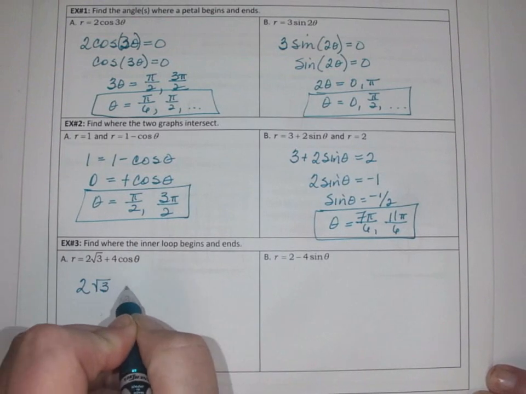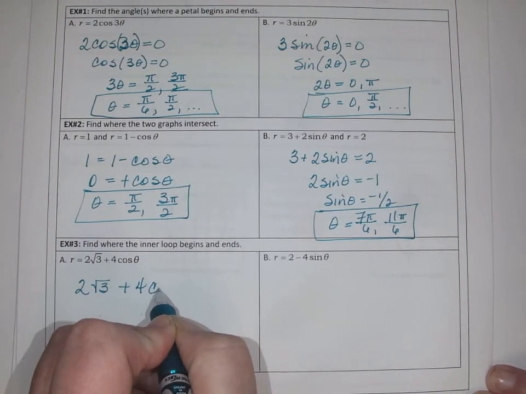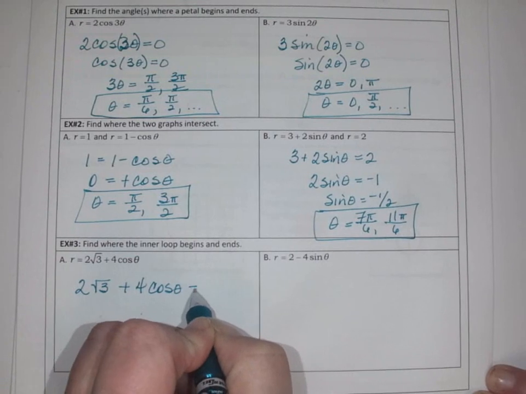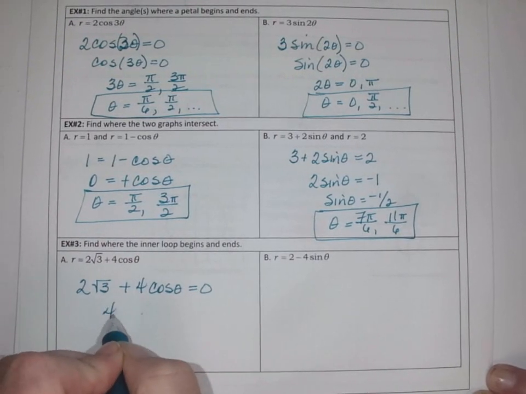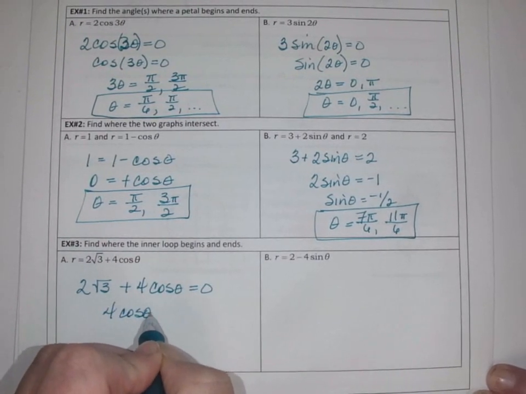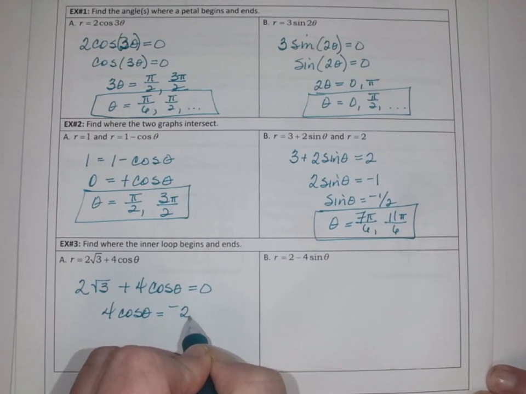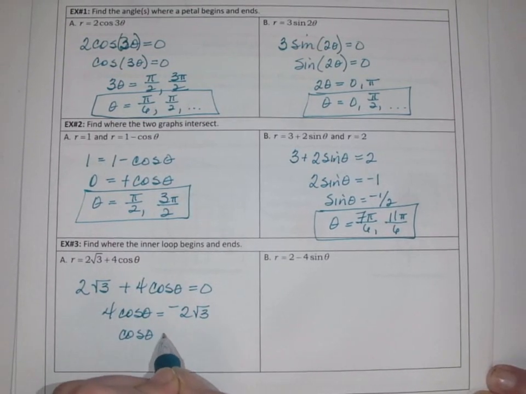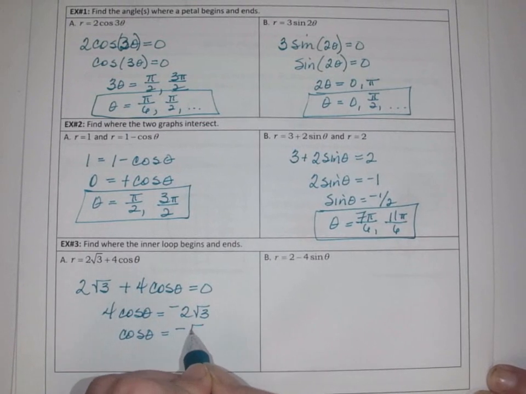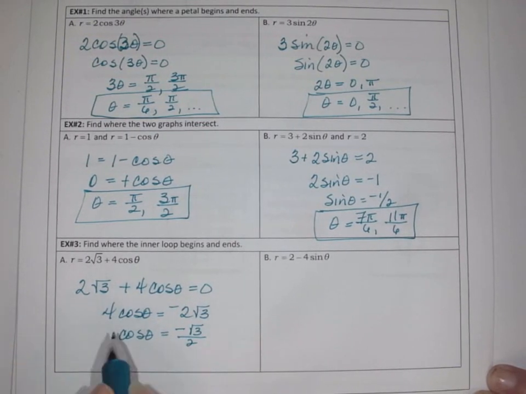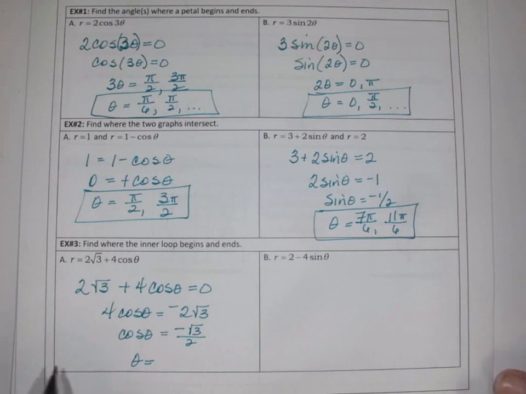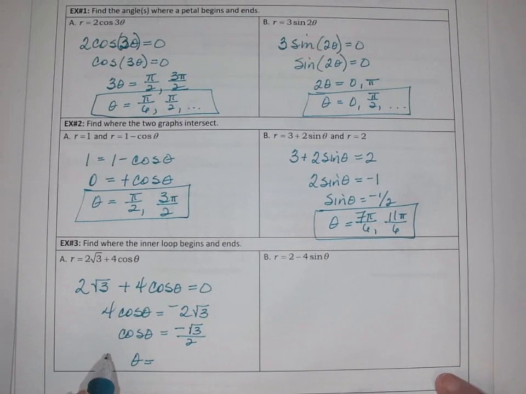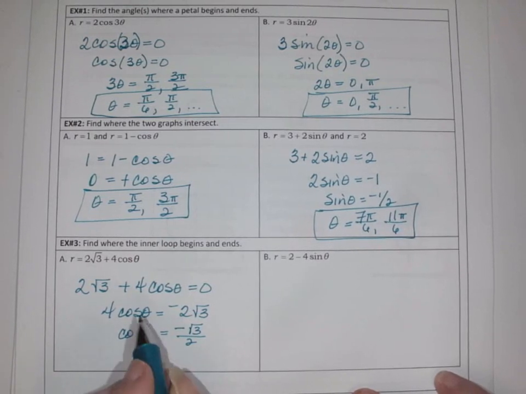So we have 2 square root 3 plus 4 cosine theta is equal to 0. So 4 cosine theta is equal to -2 square root 3. So cosine theta is equal to negative square root 3 over 2. So theta would be, let's see, that's the pi over 6 family in the second and third quadrants.